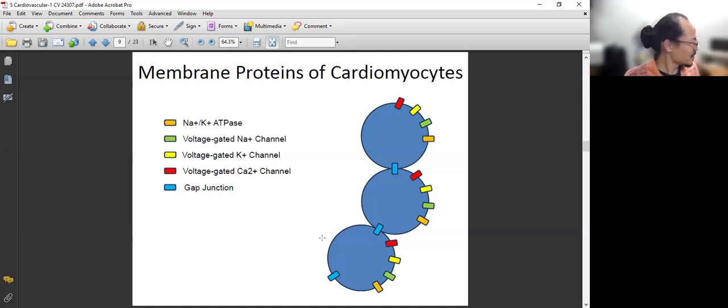And as I mentioned before, the heart has gap junctions. So this is basically what's going on with the heart. This is different from skeletal muscle. It doesn't have gap junctions, but now you have gap junctions. A gap junction is also a membrane protein, so it allows ions to freely diffuse.